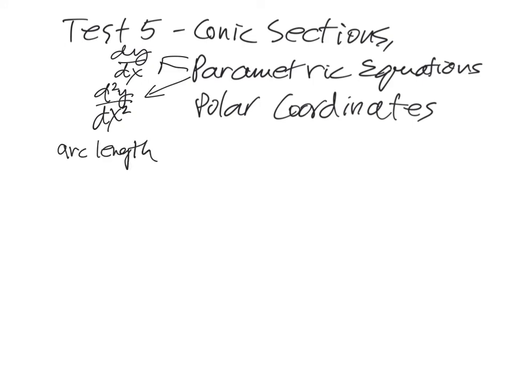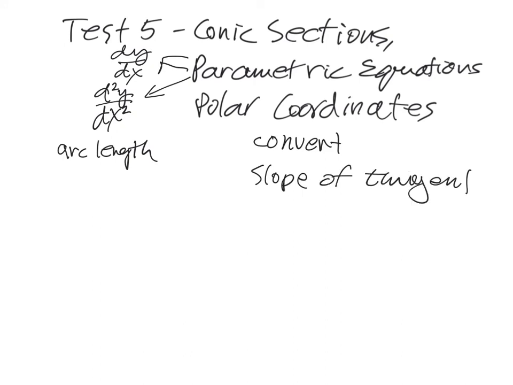Polar coordinates, basically convert from one system to another, whether given rectangular, convert to polar, or given polar, convert to rectangular. And then some of the applications, slope of the tangent line, possibility there as well.